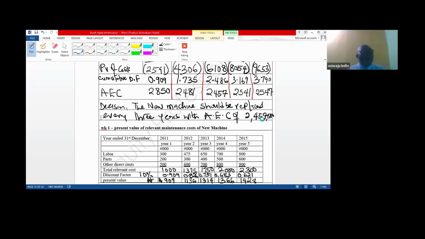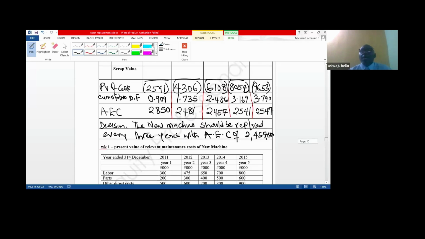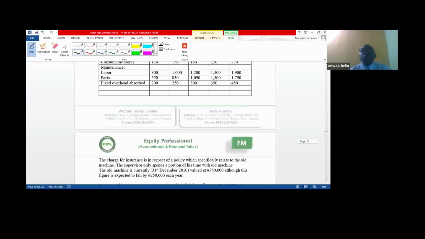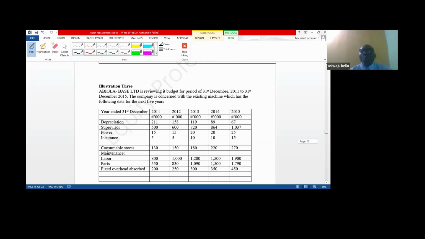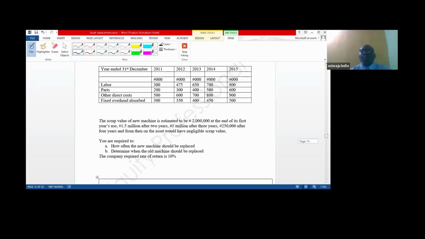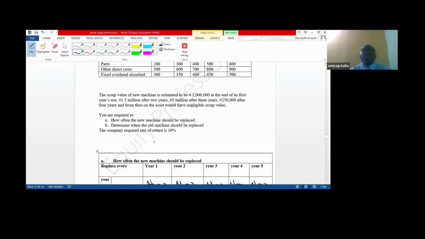We are going to buy a new machine. But currently we have an existing machine. When should we replace the existing machine with a new machine? Determine when the old machine should be replaced. This is non-identical replacement.